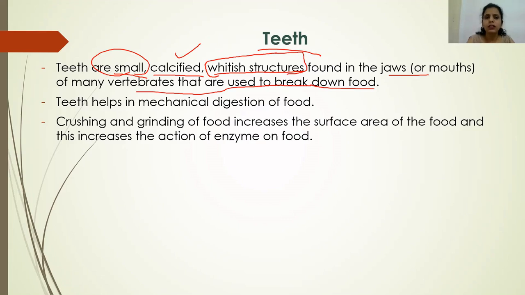Remember, teeth are used only for the mechanical digestion of food. The importance of mechanical digestion is that crushing and grinding of food with the help of teeth increases the surface area of the food, which in turn increases the action of enzymes on the food.